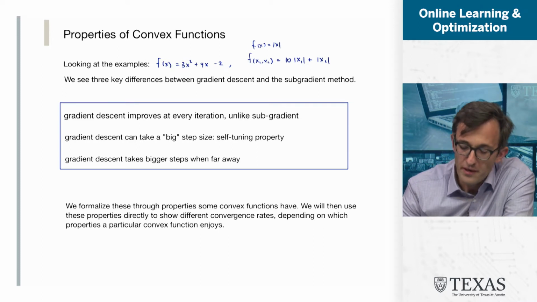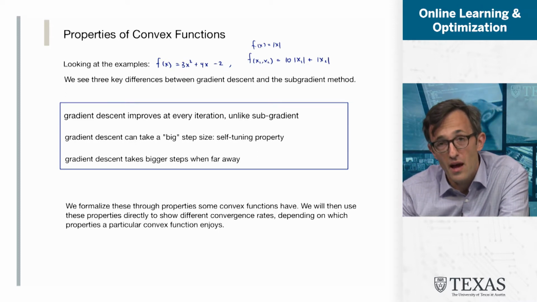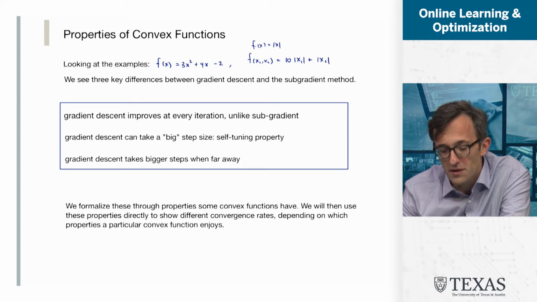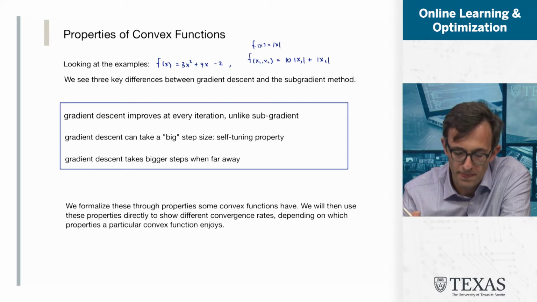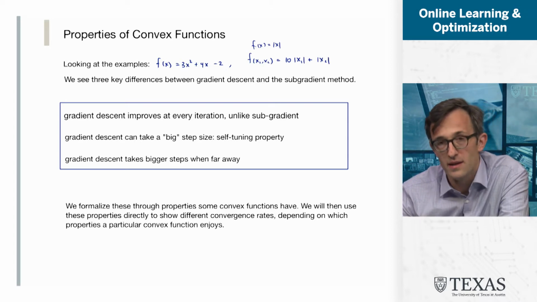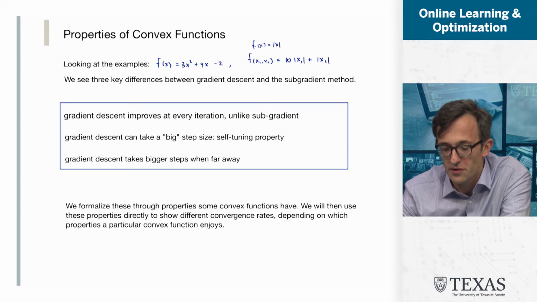So looking at gradient descent or subgradient method and how these perform on these two different flavors of examples, we saw some very important and key differences. First of all, gradient descent improves at every single iteration as long as we take our step size to be smaller than 1/6.